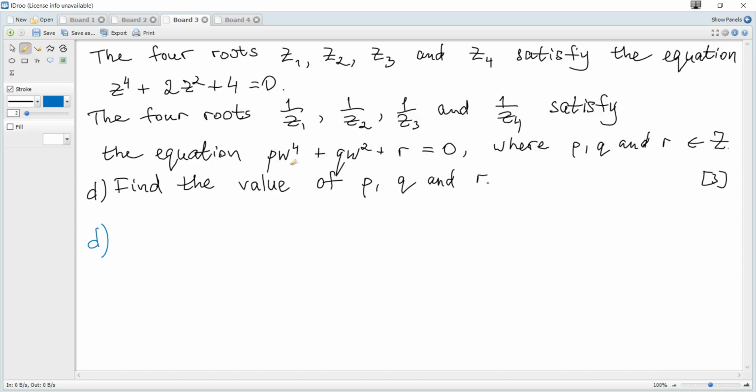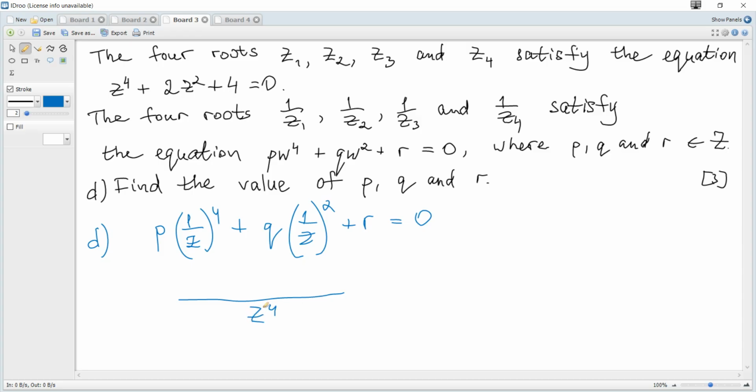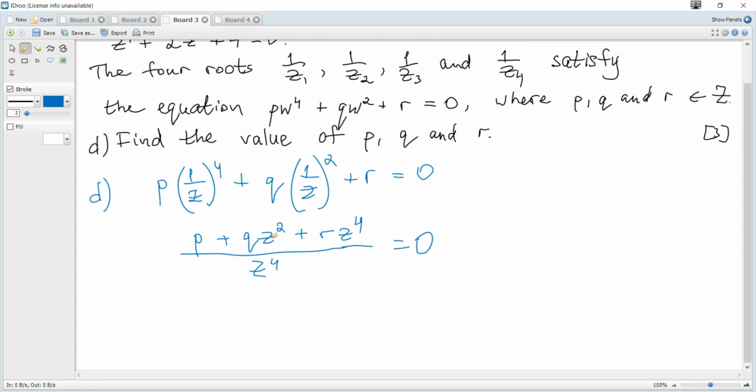Since 1 over z is a root solution, we can substitute it for w to get p times 1 over z to the power of 4 plus q times 1 over z squared plus r is 0, and common denominator is z to the power of 4, and it becomes p plus q z squared plus r z to the power of 4 is 0, and a fraction is equal to 0 when numerator is 0, so r z to the power of 4 plus q z squared plus p is 0.